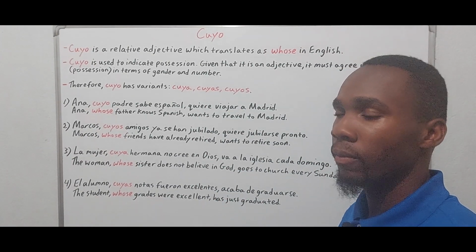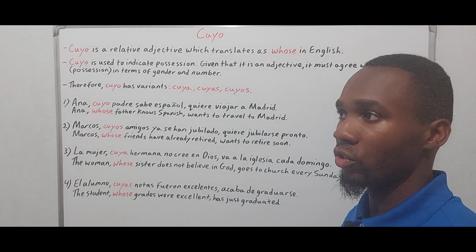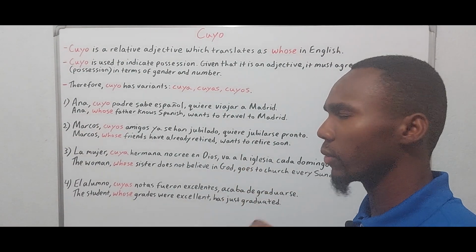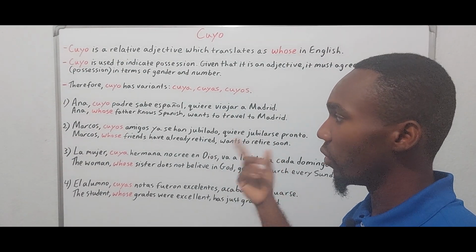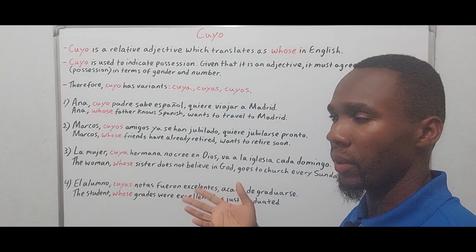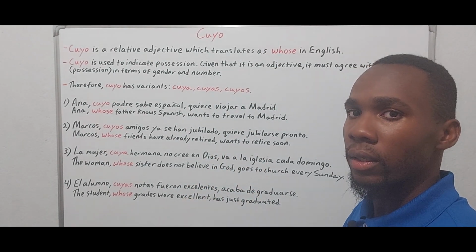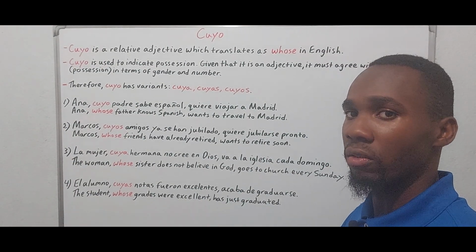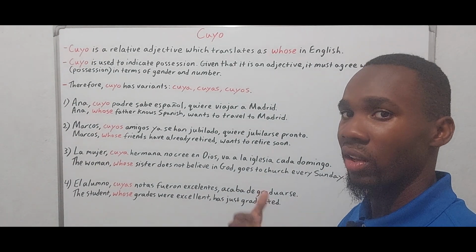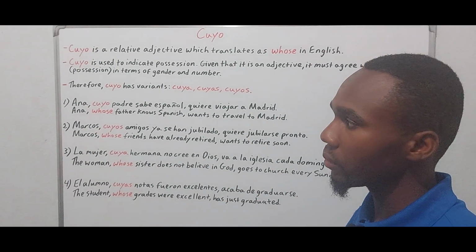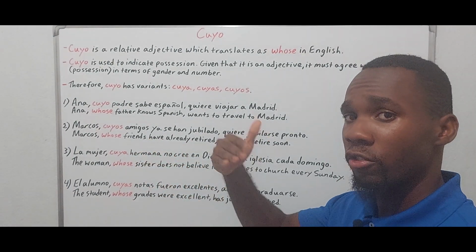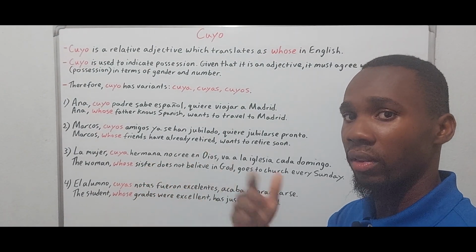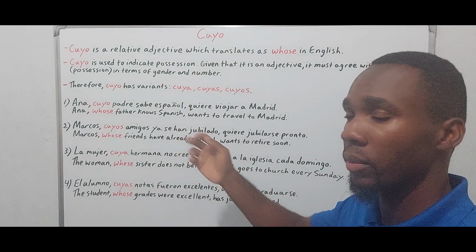We have a subject, then we introduce a relative clause with the use of cuyo, whose, right? And that whose, or the form of whose, which should be cuyo, must agree with the possession or the noun that follows, right? And then of course you continue the sentence. And remember the verb at the end, if you use a verb at the end, it must agree with the subject, right? Like number 2.